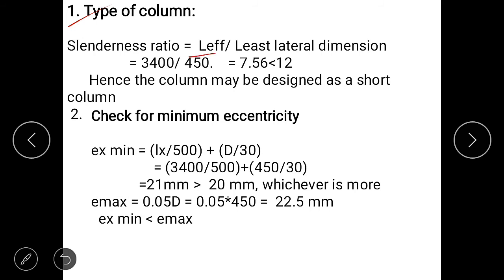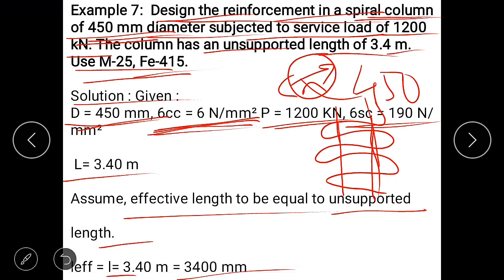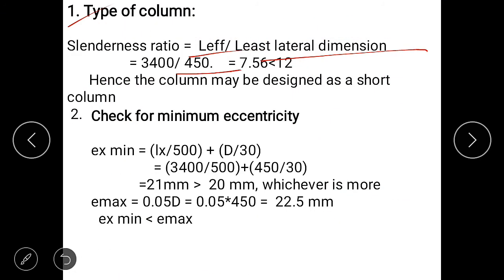So L effective divided by least lateral dimension. Here only one diameter is given, so consider diameter 450. If width and depth both are given, then take the least, but if only diameter is given, then take diameter. So L effective is 3400, 3400 divided by 450, the answer is 7.56, which is smaller than 12. So assume a short column.